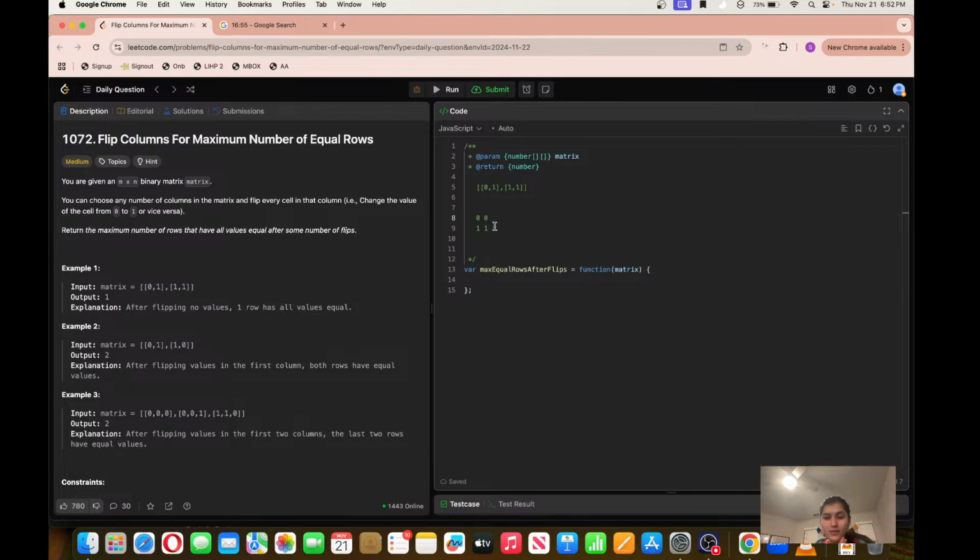Okay, anyway, 0 0. Yeah, this is not possible because if I flip this column, then this one is 0 1 1, right?